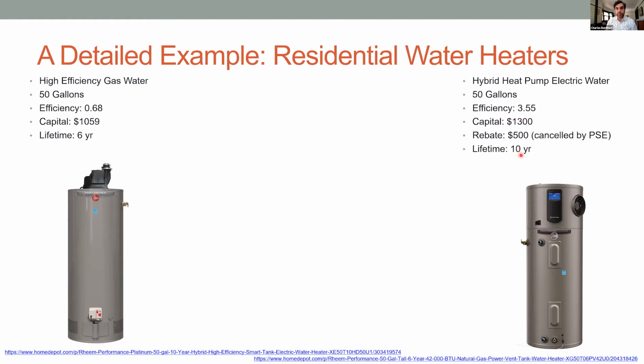It lasts 10 years. It's warranted for 10 years. Natural gas heaters don't last as long because that constant burning of natural gas underneath a hot plate or a hot coil causes mineral deposits from the water, and eventually those deposits get so thick that it's not very efficient at all anymore, and you need to replace it.